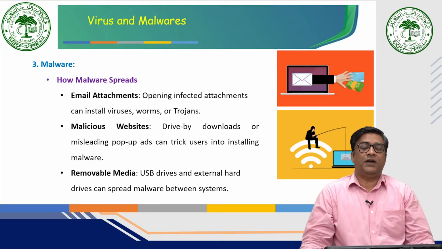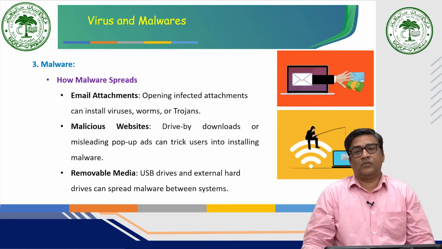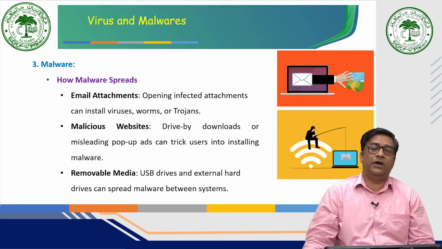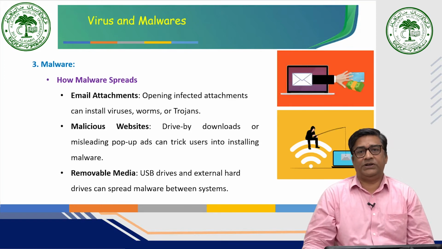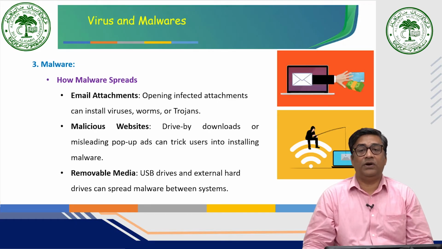Now let's discuss how malware normally spreads. Understanding the methods by which malware spreads is crucial for effective prevention and protection. Let's discuss some of the common vectors through which malware can infect a system. First, email attachments, which we also discussed earlier.